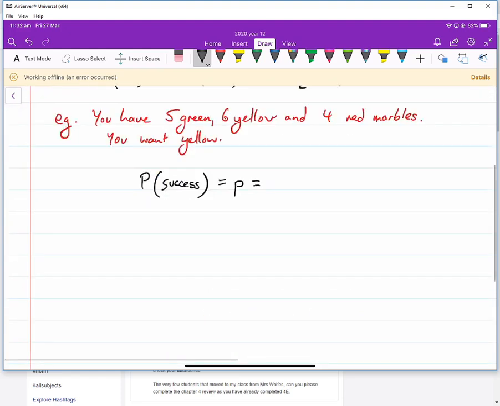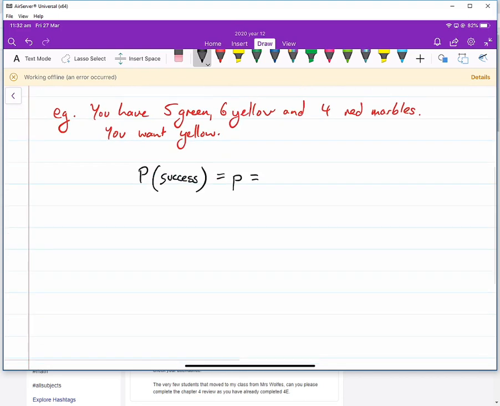And the probability of failure, which is q, or 1 minus p. In your syllabus, it's only talking about 1 minus p, and in your formula sheet, it only has 1 minus p. It is therefore 1 minus 6 out of 15, which is 9 out of 15.